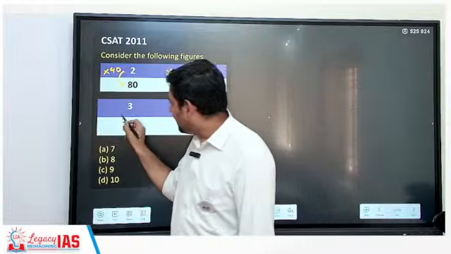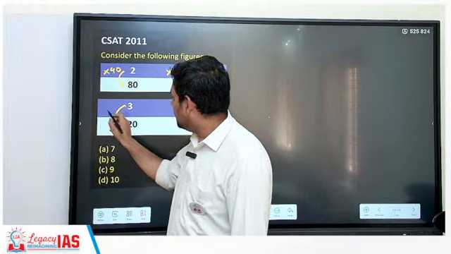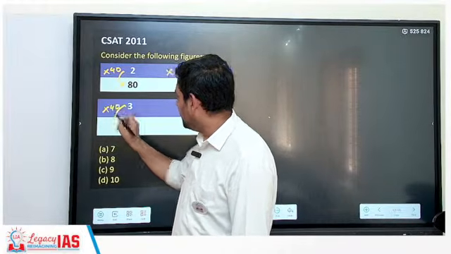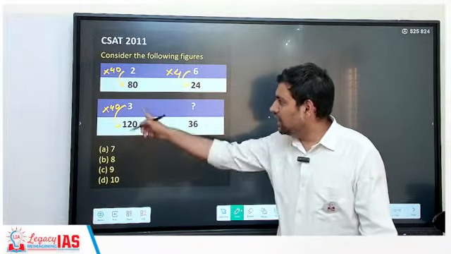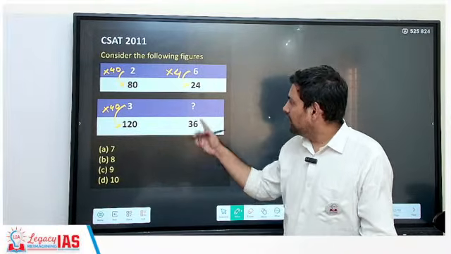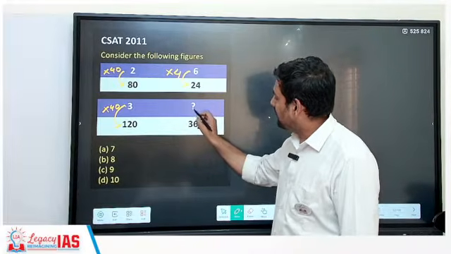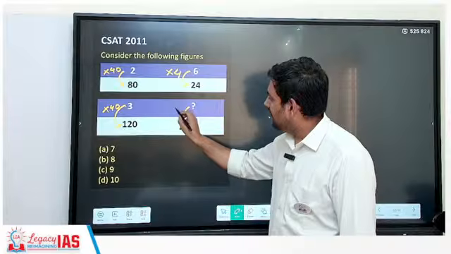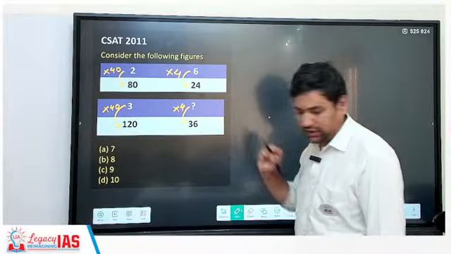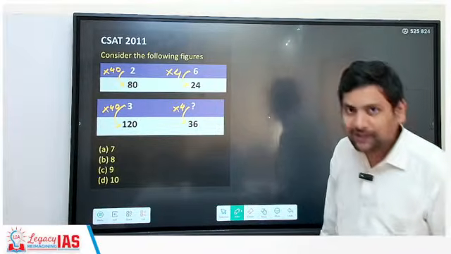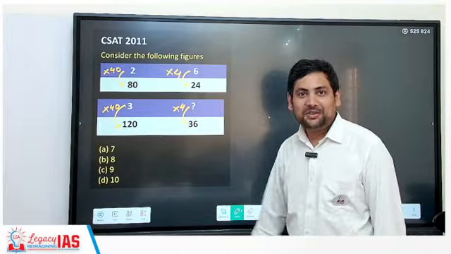Now let's check if this is the same. So 3 and 120, is this also into 40? 3 into 40 is 120. Then what will be the multiplication to get to 36? Whatever the question mark is, it will be multiplied by 4 to get to 36. What should you multiply with 4 to get 36?